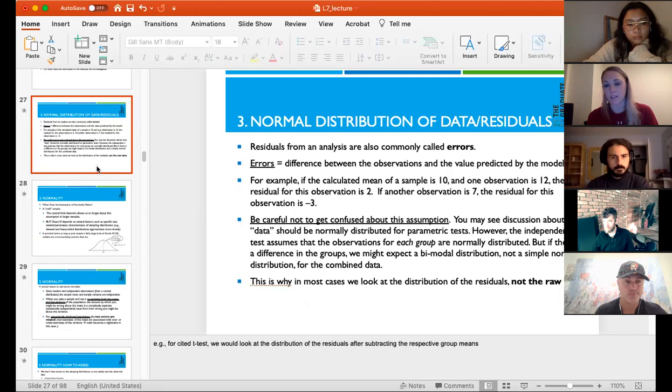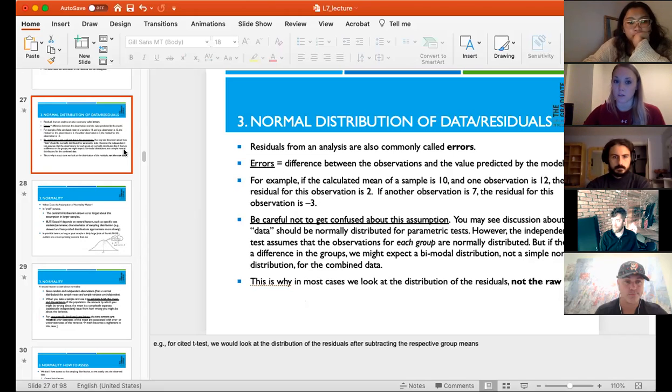So the residuals from the analysis are called the errors. This is the difference between the observation itself and the value predicted by the model. In all of the tests that we're talking about until we get to regression, the model is the mean. It's a very simple model. It's the mean divided by the error or standard error, right? So it's like the simplest form of the model.